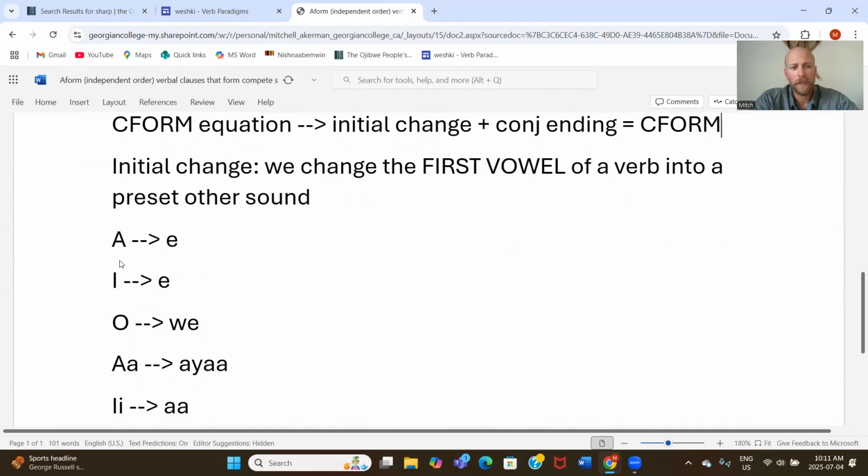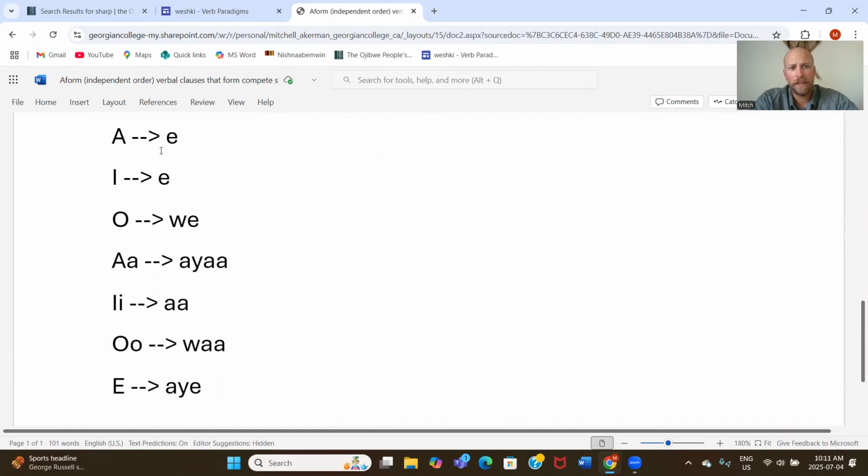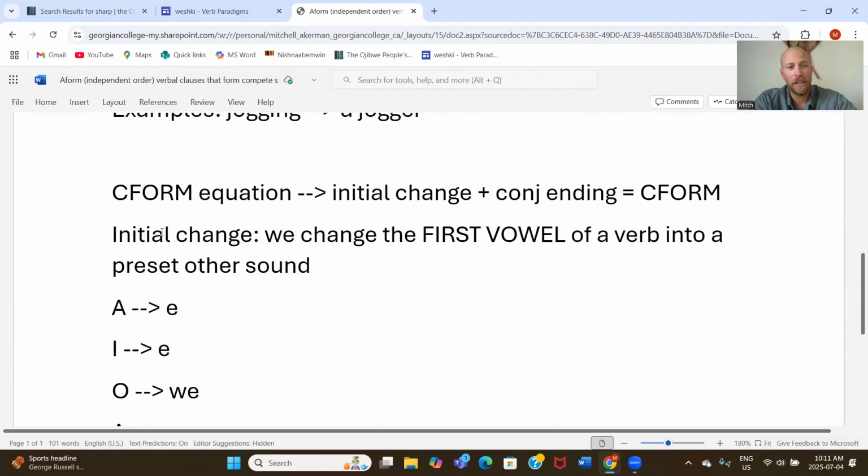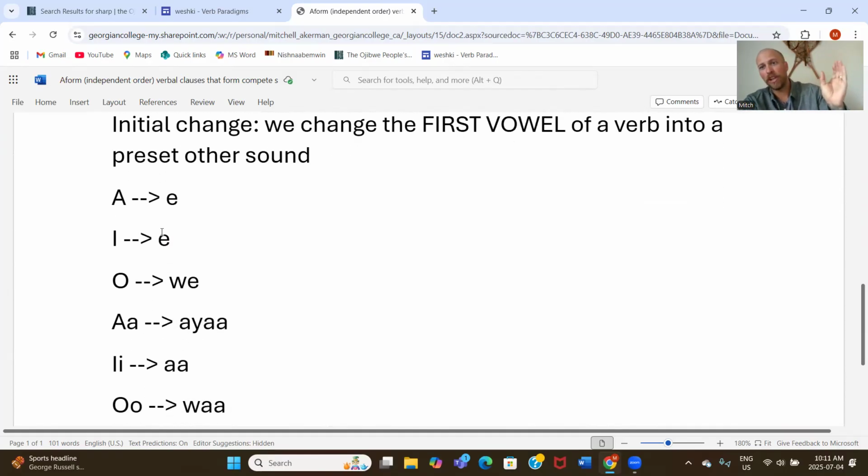A to E, I to E, O to WE, double A to YA, double E to AH, double O to WA, and double I to YEAH. And this is the initial change list, and you can kind of bank on it. It's pretty consistent. All right. So that's step one, that initial change.